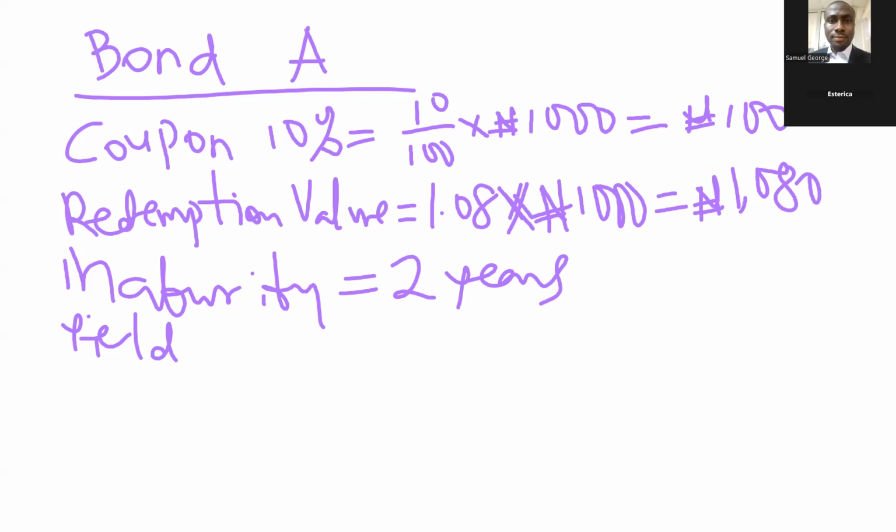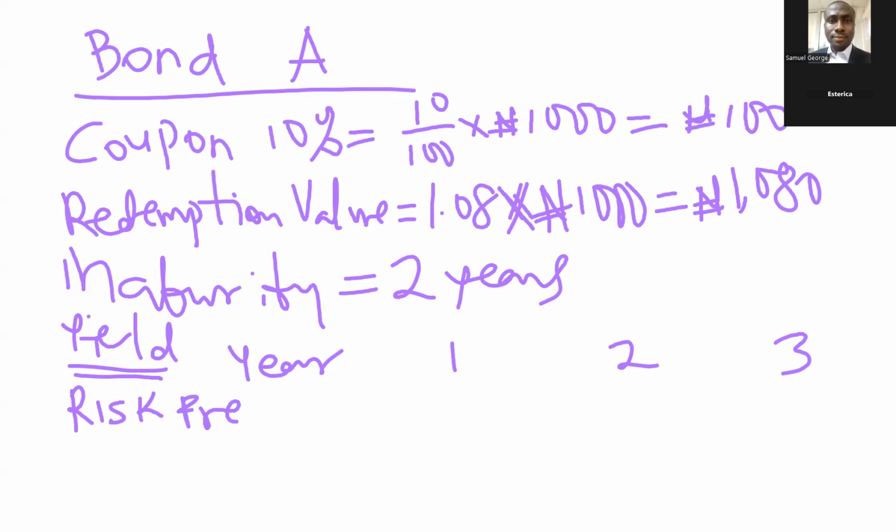So we want to do yield now. I will say year 1, 2, 3. Now, what is the risk-free rate? Those are the government spot yield rates. Year 1 is 9.5 percent. Year 2, 10.4. Year 3, 10.5.